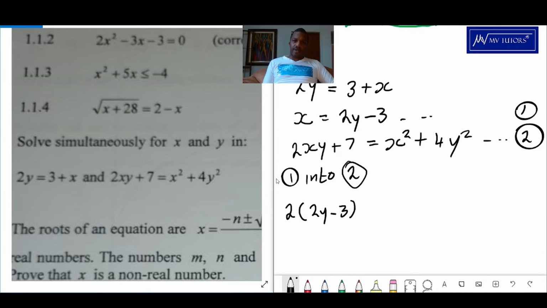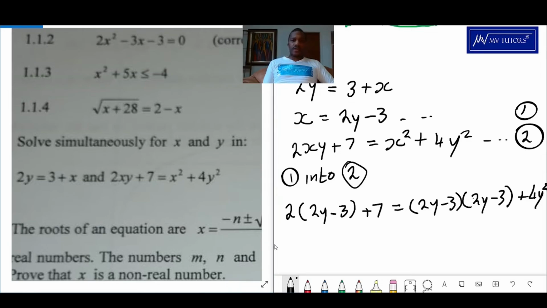And then I have a plus 7 there, and put that is equals to, I got an x here, so it's squared, and x is 2y minus 3. And I actually want to put 2 of them for ease of calculation, because it's squared, it means it's 2 of them, plus 4y squared.